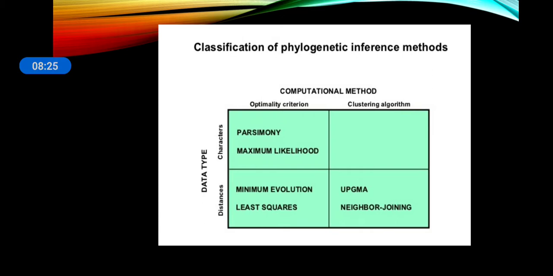Under clustering algorithm, you have the UPGMA method and the neighbor joining method. And the type of data used can be either distances or characters. Based on distances, we have minimum evolution, least squares, UPGMA, and neighbor joining. All these are based on distances, and parsimony and maximum likelihood are based on characters.